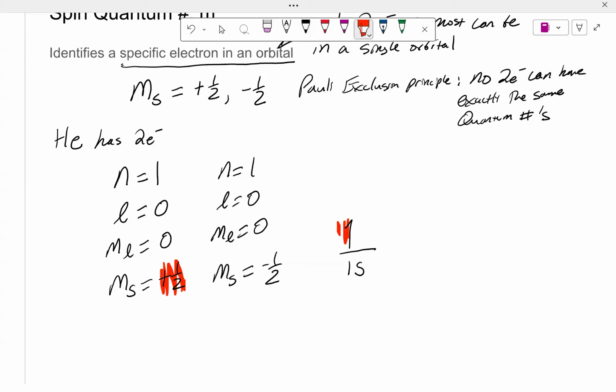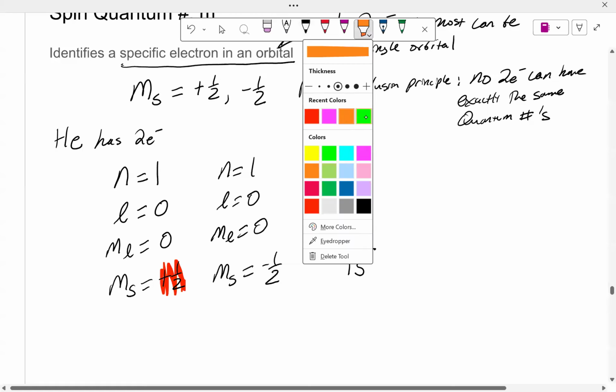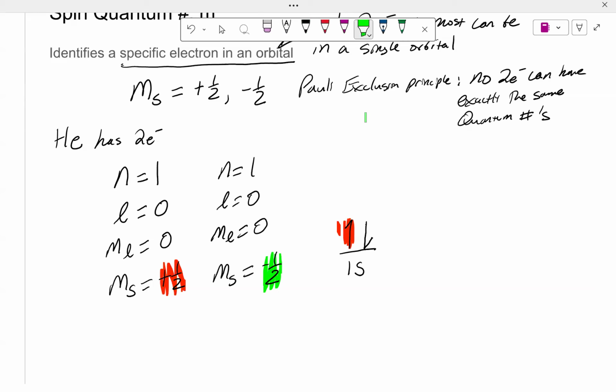So plus 1/2 will be the up arrow. And then we use a half down arrow for minus 1/2. You're going to see that notation a whole lot in the coming lectures.